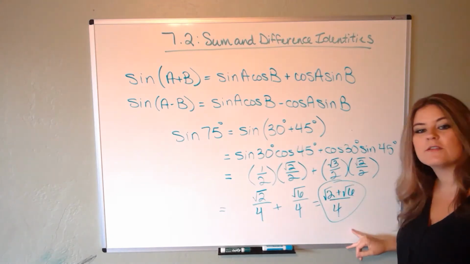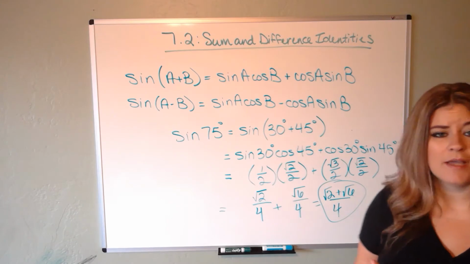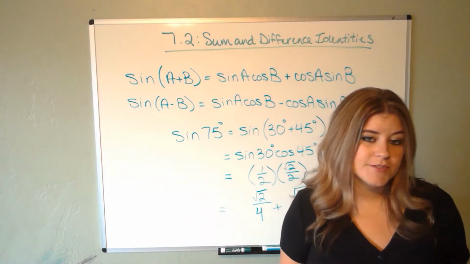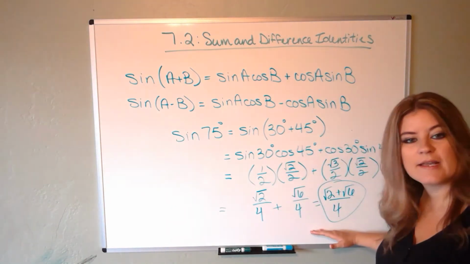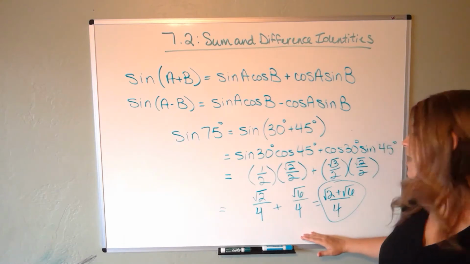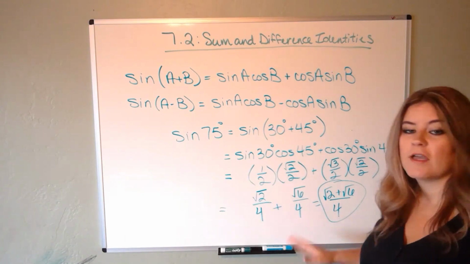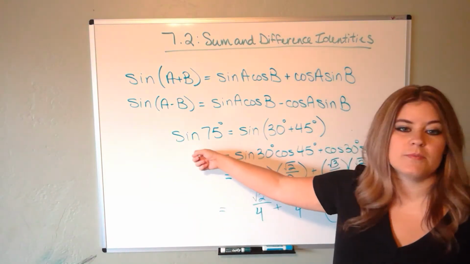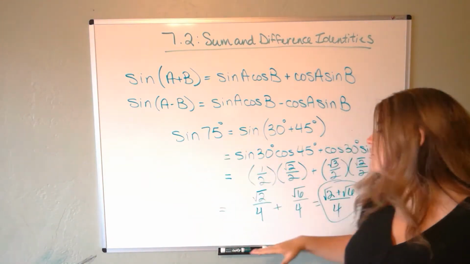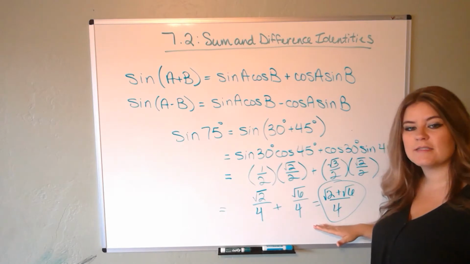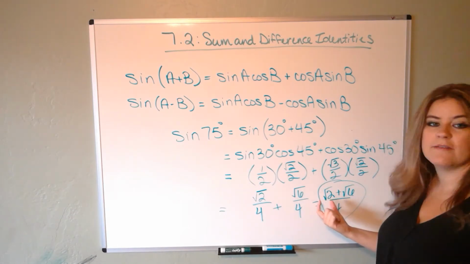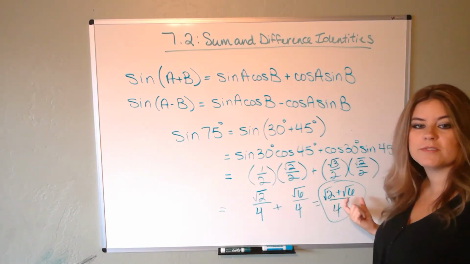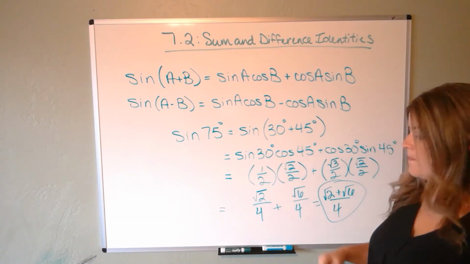It doesn't look super clean, as far as answers go, but this is exact, and that's what we're looking for. You could put that in your calculator and get a decimal, but if you're going to do that, you might as well just put the original in your calculator, right? So what we're looking for is the exact answer. So on this one, for the sine of 75, I got root 2 plus root 6 over 4.